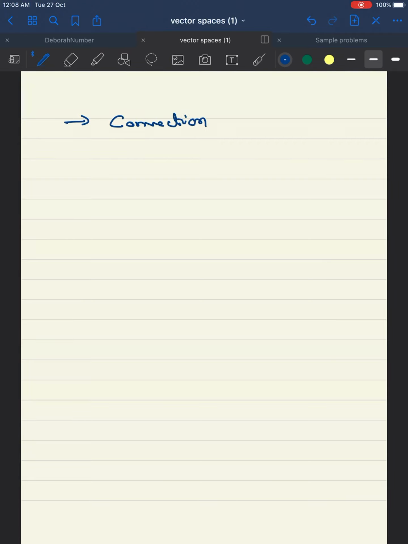Convection is just another form of heat transfer which again takes place in the presence of a medium. So it requires a medium to transfer energy from a location of higher temperature to a location of lower temperature, but in convection the material itself moves. So you will obviously have convection when you have fluid movement.